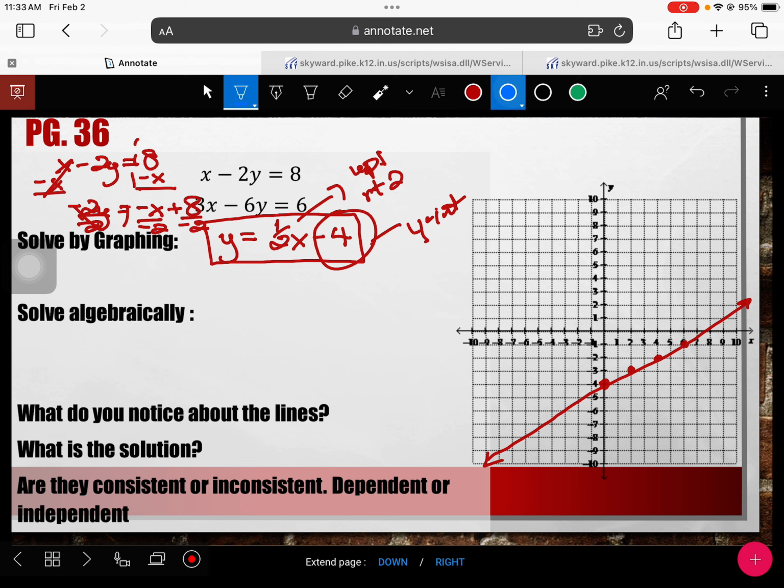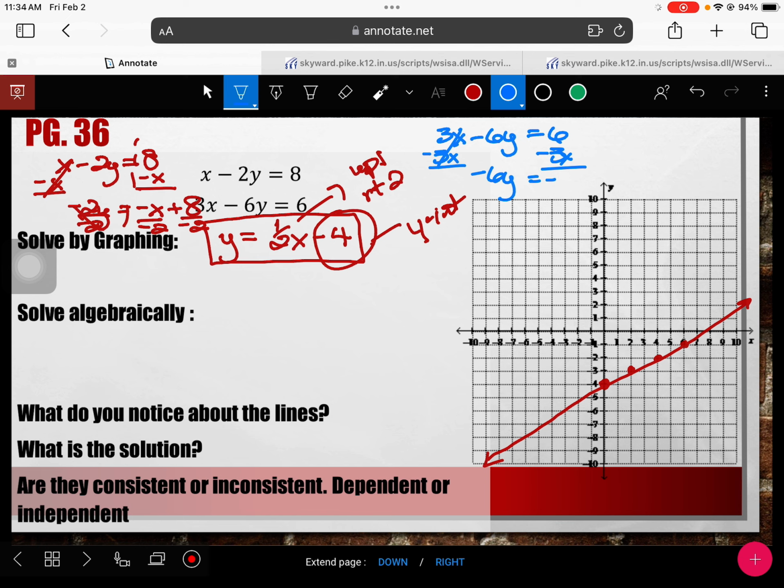All right, now let's take a look at the second one. Is that 3x? I think so. 3x minus 6y equals 6. What am I trying to solve for? Y again, yes. So I need to move my x's. How do I move those mathematically? Subtract. Minus 3x, minus 3x. This is good old algebra practice here.